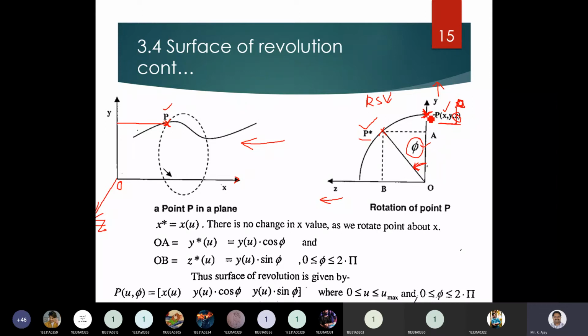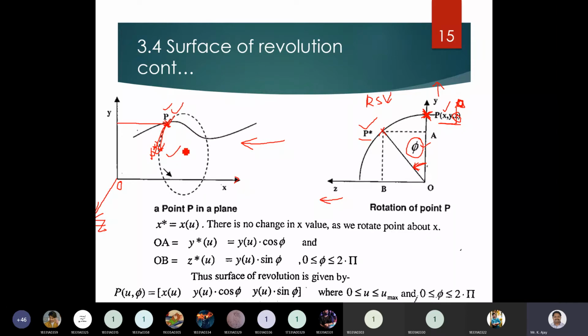Is the x coordinate varying when you are rotating P to P star? Look at the front view. When you are taking a point P and then rotating by an angle of phi, and you come to a new position called P star, will there be any change between the x coordinate of P and the x coordinate of P star?